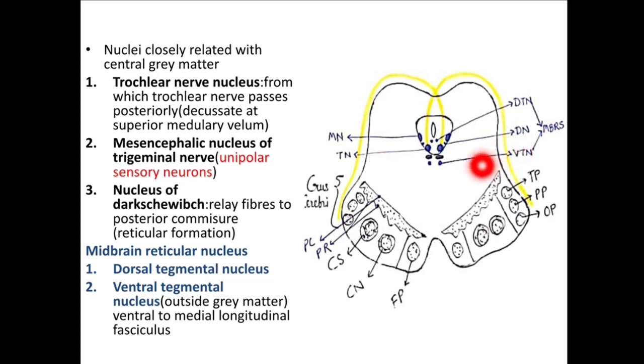Next nucleus is the dorsal tegmental nucleus, and outside the gray matter is the ventral tegmental nucleus, ventral to the medial longitudinal fasciculus. Dorsal tegmental nucleus and ventral tegmental nucleus combined form the midbrain reticular system.